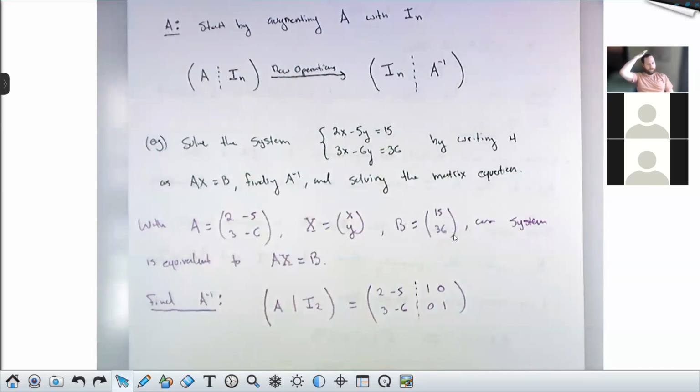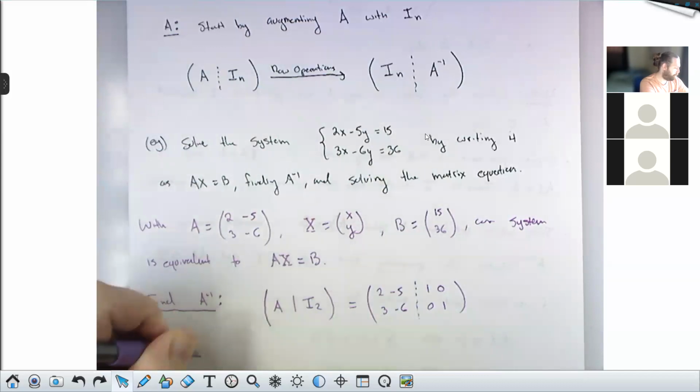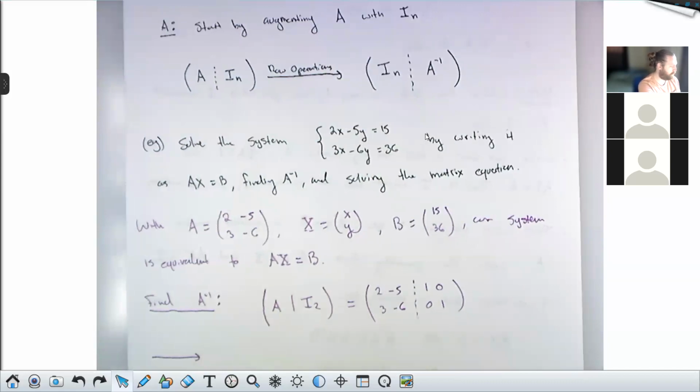And if I want to find the inverse of that matrix A, I need to run row operations until this is the identity. And then A inverse will be the thing that shows up over here. That's what we're describing here. So I want to make the identity show up over here.